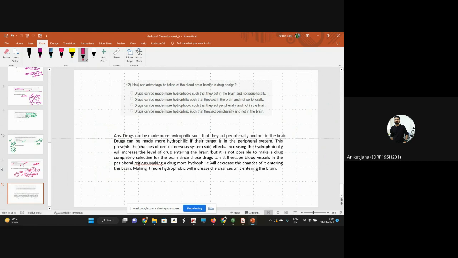So if we make it more hydrophobic and our target is the peripheral system, the selectivity is less, because some of the drug will also remain in the blood vessels. In that way we are making this design.